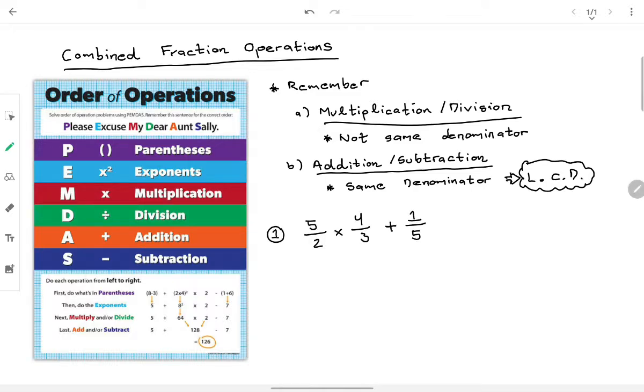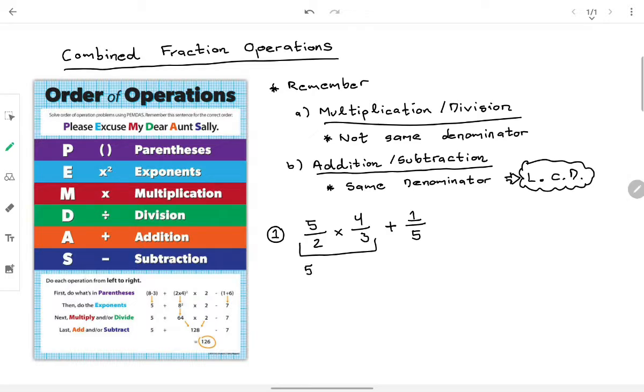If we see this type of operation where we have a multiplication and an addition, remember we need to look at the order of operations. So first I will do this part, the multiplication, because multiplication has a higher order than addition. So first we need to multiply this.